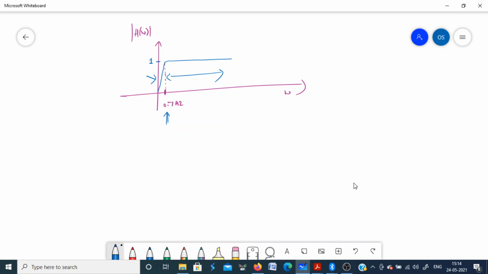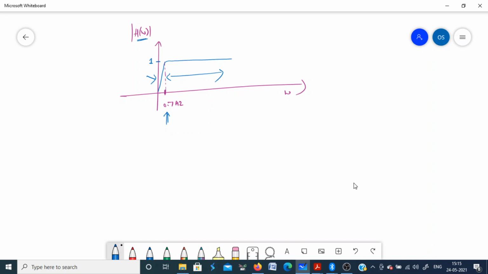If you can design such a filter, that will be a practical way to remove this baseline wander from the ECG signal.